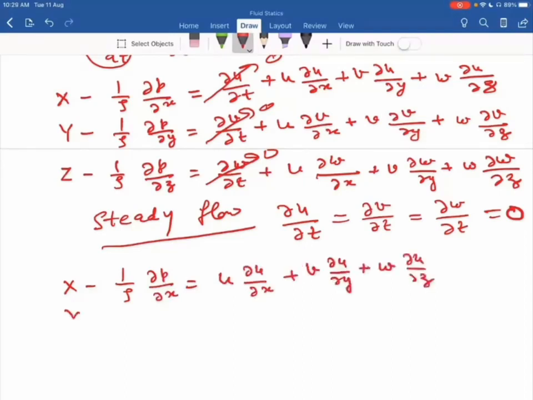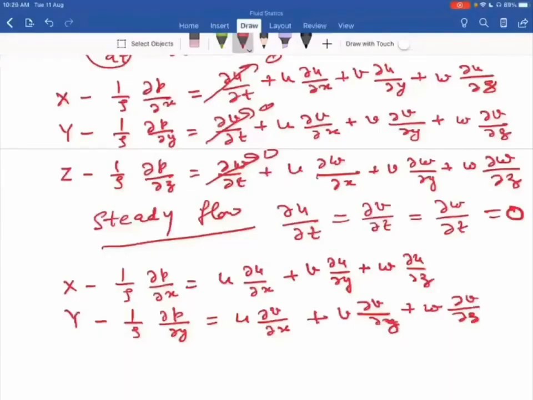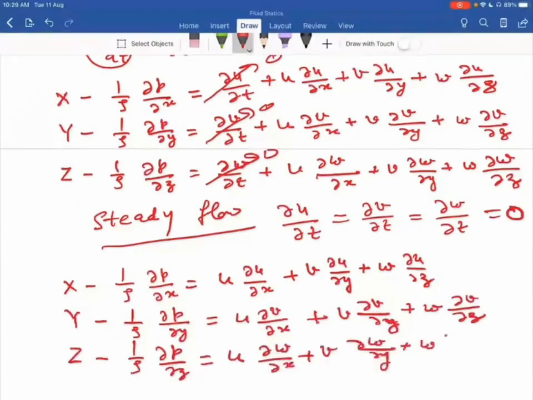Similarly along y axis, plus v curly v by curly y plus w curly v by curly z. And z minus 1 by rho curly p by curly z, u curly w by curly x, v curly w by curly y plus w curly w by curly z.